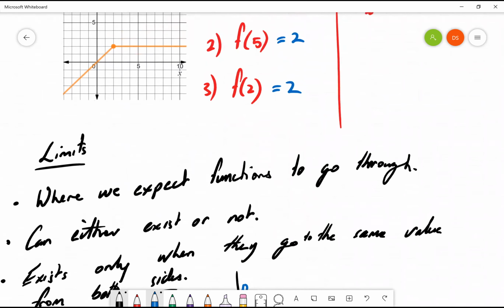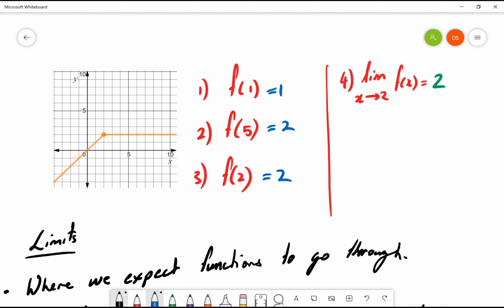For this one, Harry, f of x is a piecewise function. f of x is equal to x for x less than 2, and f of x equals 2 for x greater than 2. Right? So that's how I'd define that function.